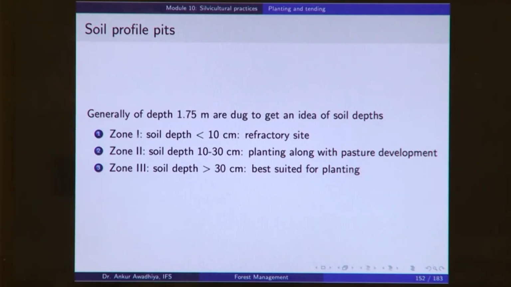Now, this is because soil is of utmost importance in supporting the plants. So, if an area does not have a sufficient depth of soil, then probably it will not be able to support the plants. So, before planning our planting operation, we need to look at the soil profile map of the area, and the soil profile map is constructed by digging holes.